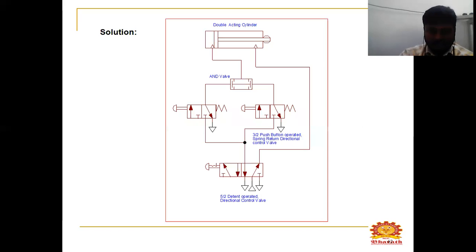See here, we are actuating using a 5x2 directional control valve only. From this we have a push button, and after it an AND valve, and then a double acting cylinder.